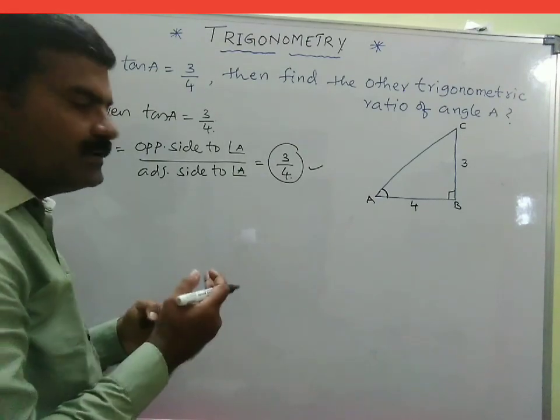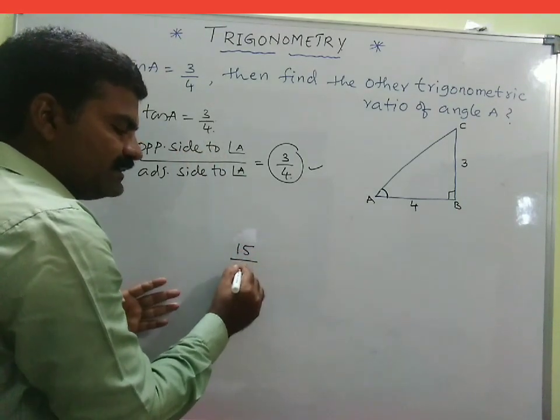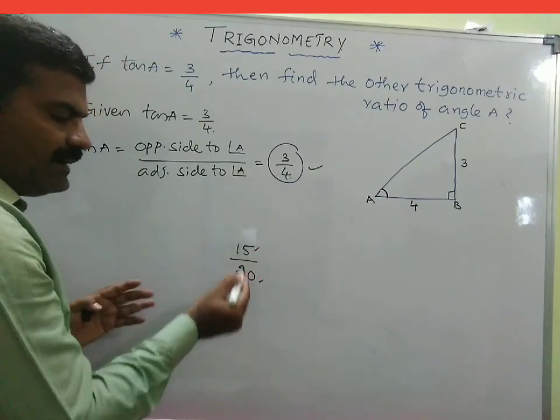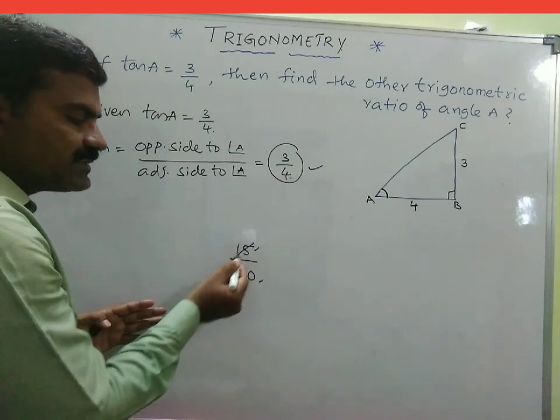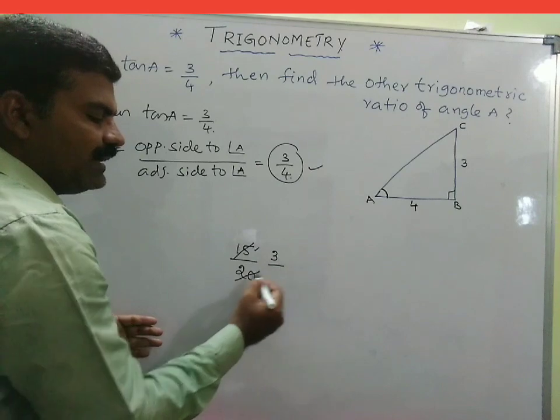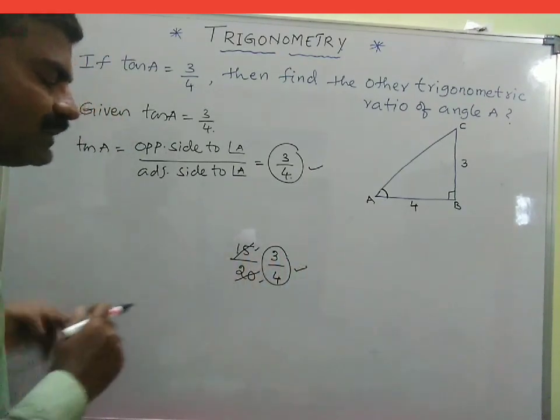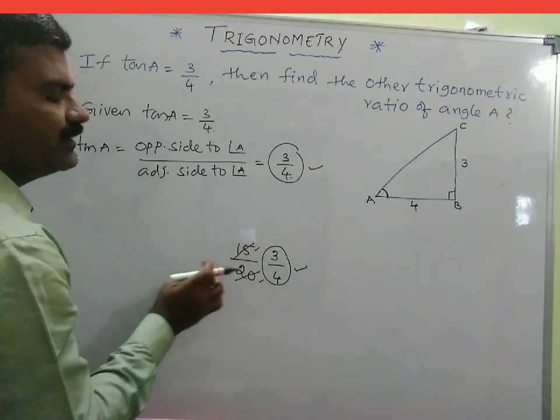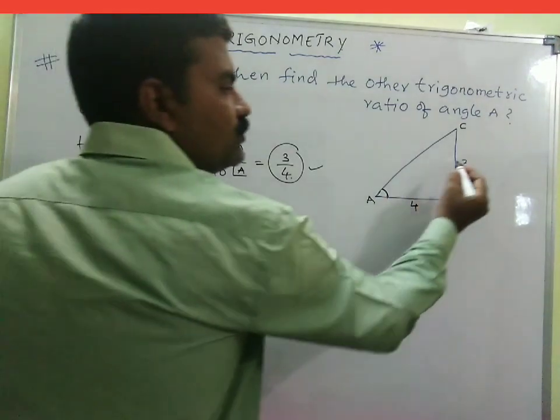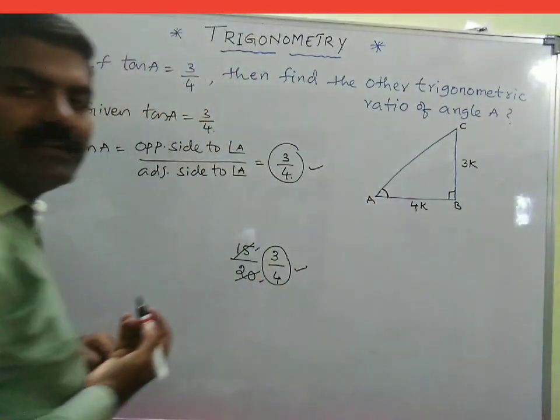For example, if the opposite side is 15 and the adjacent side is 20, then this ratio, 3 fives are 15 and 4 fives are 20, is equal to 3 by 4. That doesn't mean that 3 is the length of a particular side. So that is very, very important. That is why we should not take 3 here. Take 3k and this as 4k.